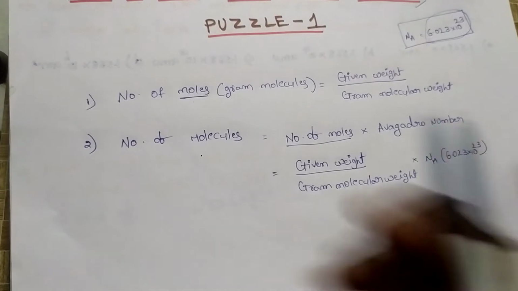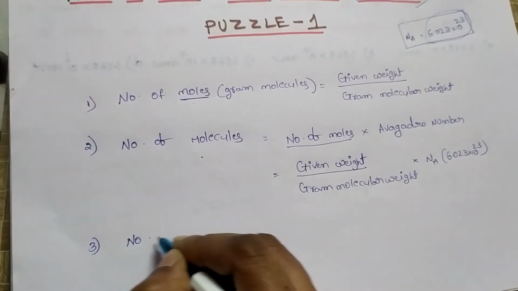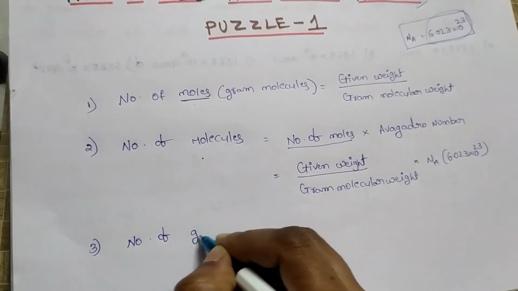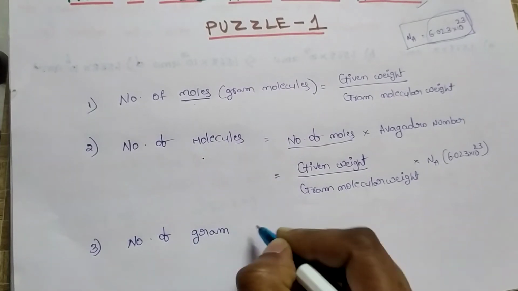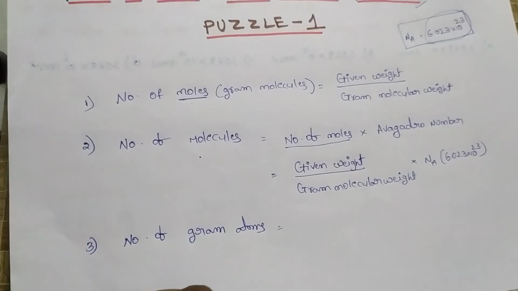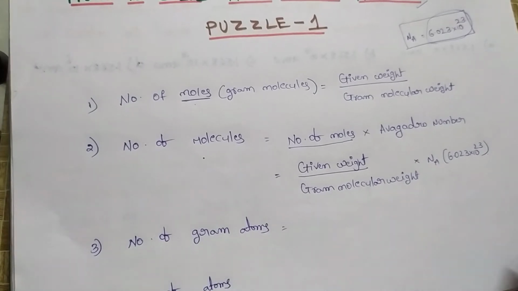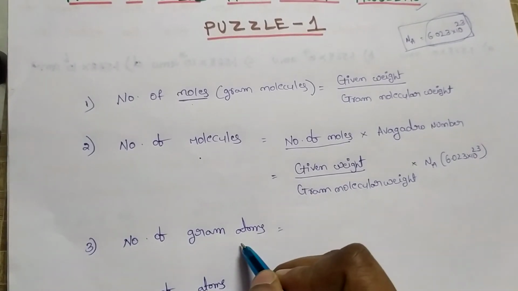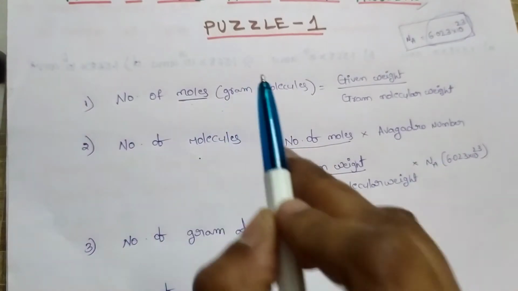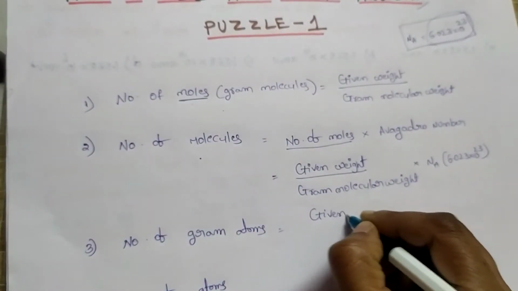Like this, they can ask to calculate the number of gram atoms and the number of atoms also. See, the number of gram atoms and number of moles formula is the same, given weight by.